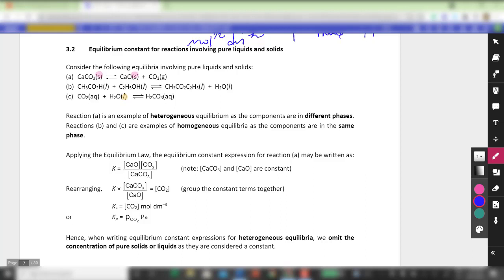C is also considered homogeneous because the solvent in this case is part of the equilibrium, though not all of it is involved, of course. So we consider them homogeneous because there is no clear phase boundary between the reactants and the products. That's something you might want to pay attention to.